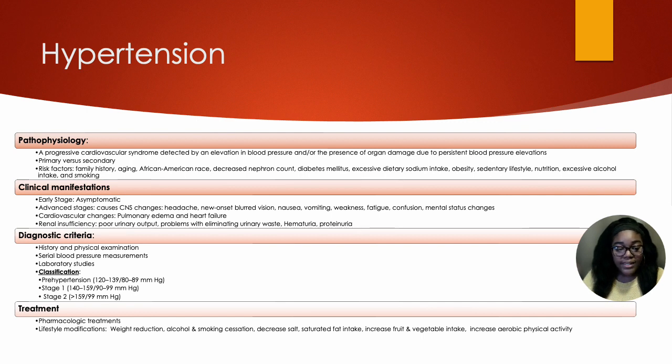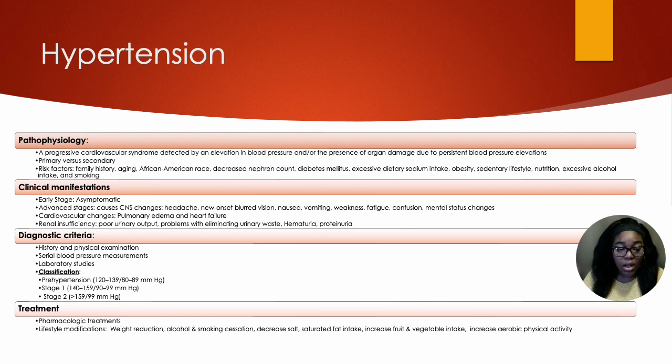Your clinical manifestations are symptomatic, asymptomatic, and early stages. So you may not even know that you have hypertension at first, but when it advances, you'll see more neurological issues such as headache, blurred vision. You may have some abdominal issues such as nausea, vomiting, and weakness, maybe fatigue and confusion. Maybe you'll have some altered mental status depending on how severe it is.